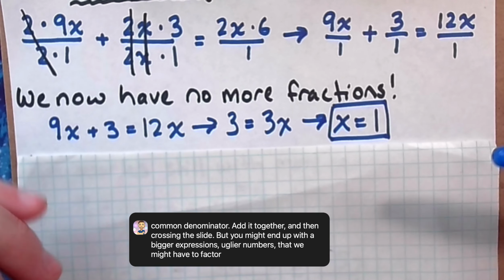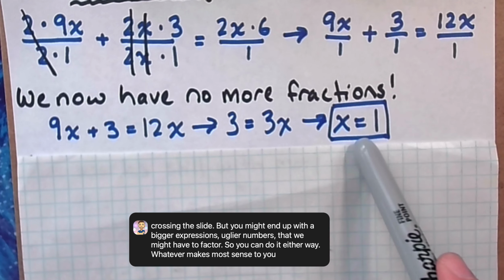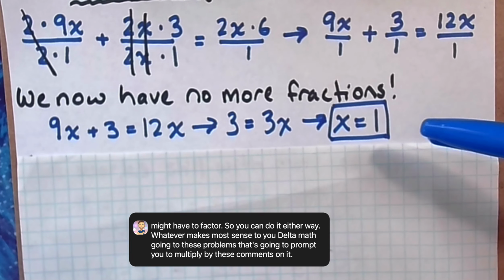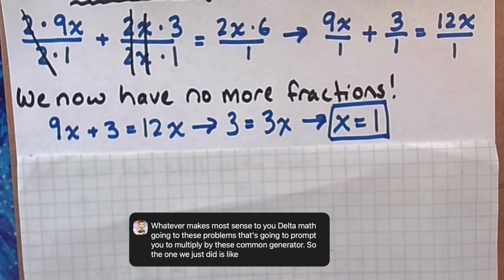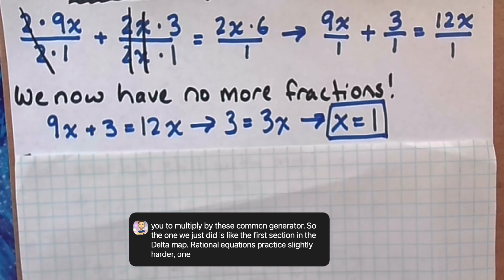So you can do it either way, whatever makes most sense to you. Delta Math, going through these problems, is going to prompt you to multiply by the least common denominator. So the one we just did is like the first section in the Delta Math rational equations practice. A slightly harder one, but slightly shorter.